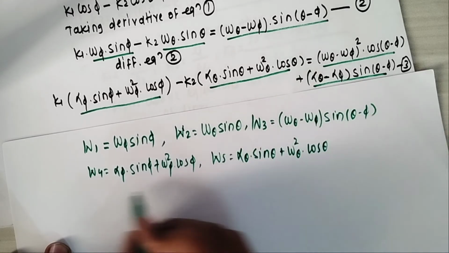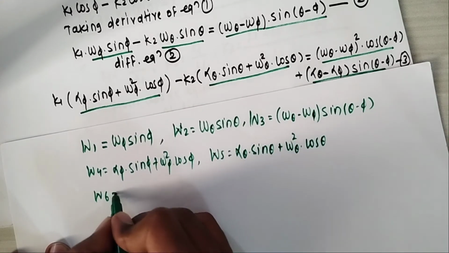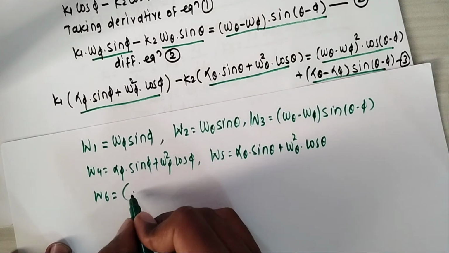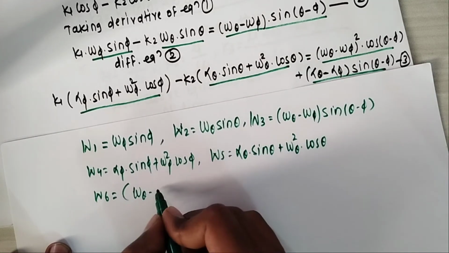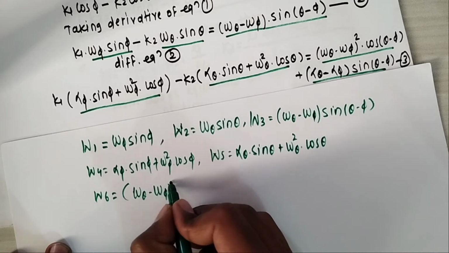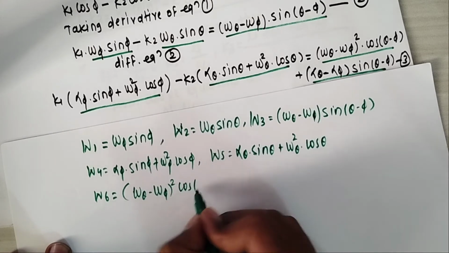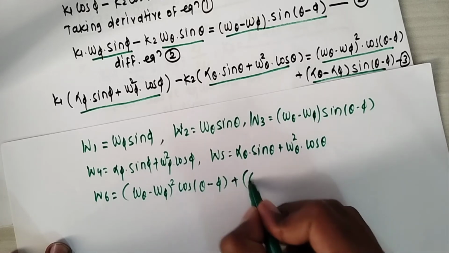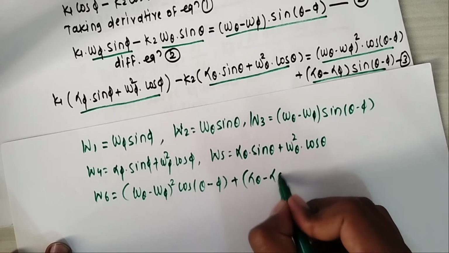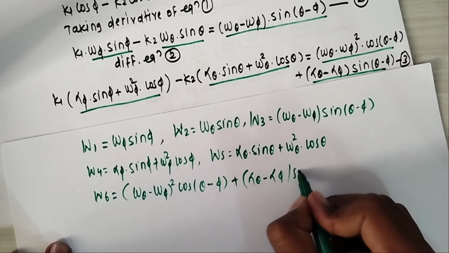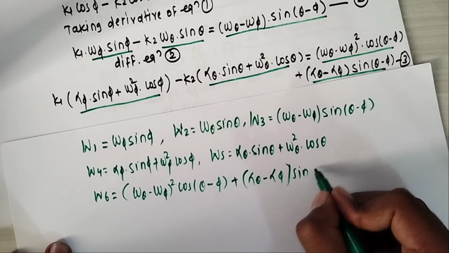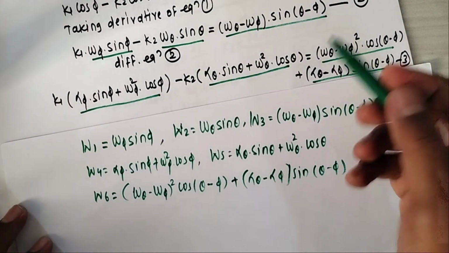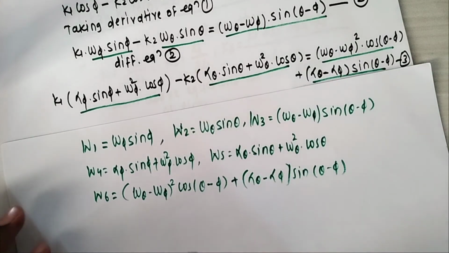And similarly W6 I am writing here. W6 is equal to this term as it is: omega theta minus omega phi, bracket square, into cos of theta minus phi, plus alpha theta minus alpha phi into sin of theta minus phi. That means just by differentiating twice we get these constants called kinematic coefficients.